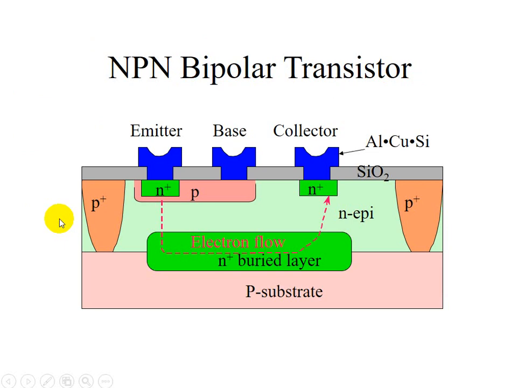This is a cross section of the NPN bipolar junction transistor. Basically, emitter, base, collector with the configuration like this. Here the notation N plus means a large concentration for the N-type semiconductor materials. You can introduce boron, phosphorus or arsenic in this area to convert the silicon substrate into N-type semiconductor area.